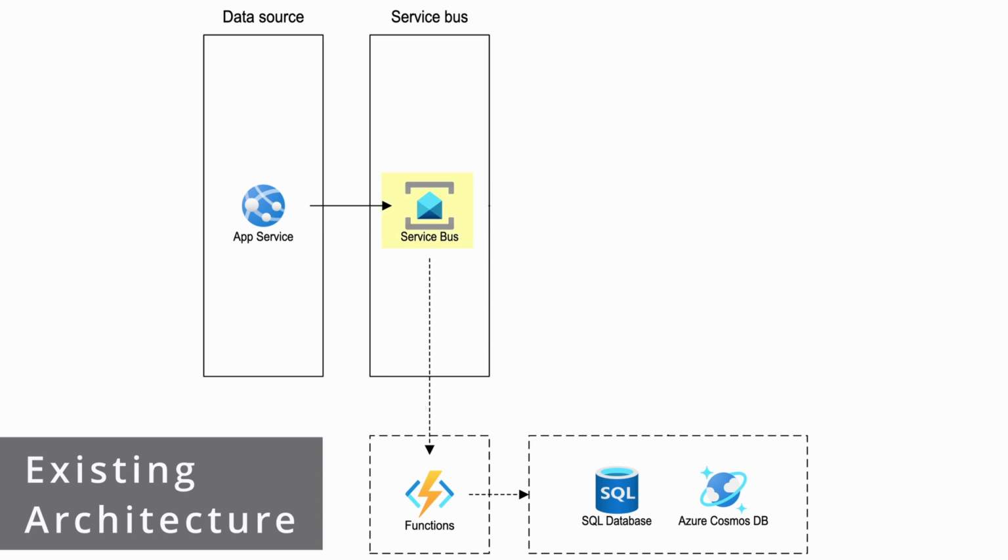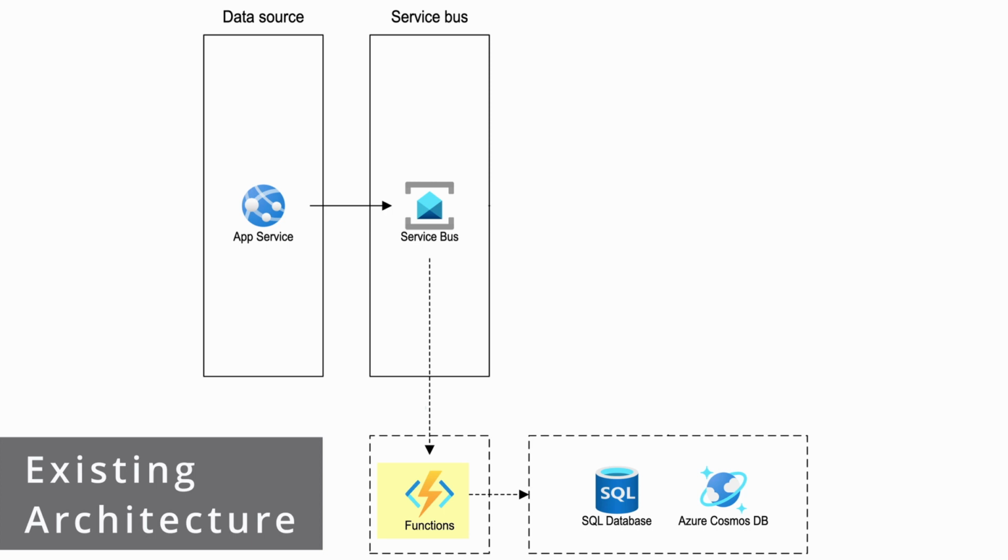Service Bus is a cloud-based messaging platform that connects applications and services with reliable asynchronous communication. In the existing OLTP application flow, it triggers a function app to store data in Azure SQL Database and Azure Cosmos DB. Azure Functions is an event-driven serverless compute platform.